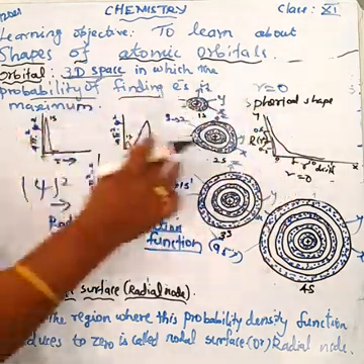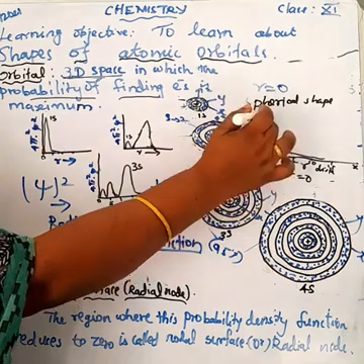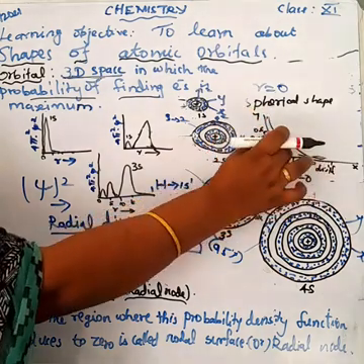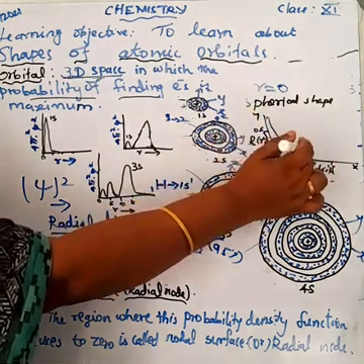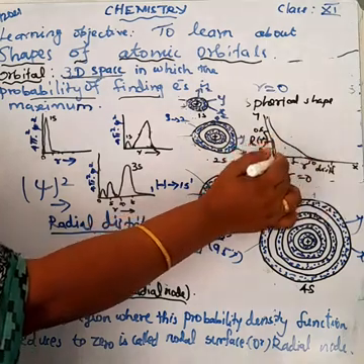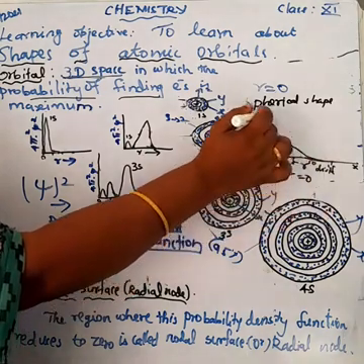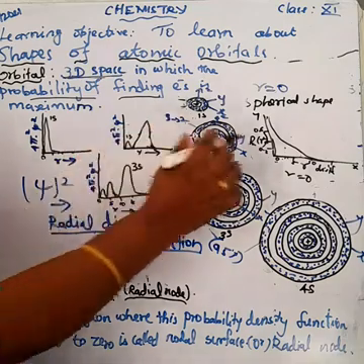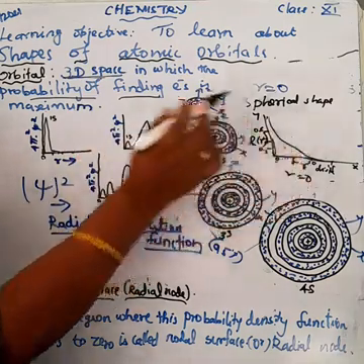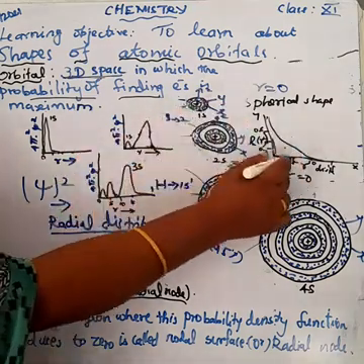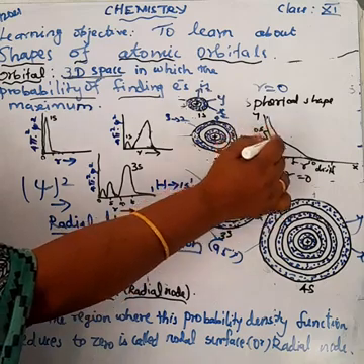Understood? For R equal to 0, around 0.5, 0.4, that area, the probability of electrons is maximum.